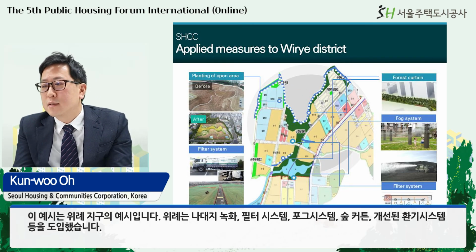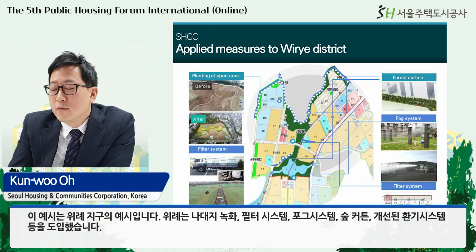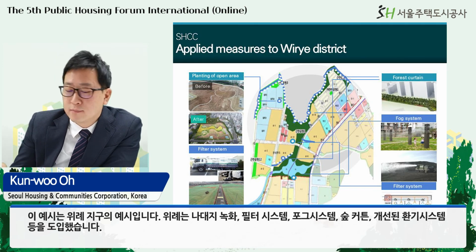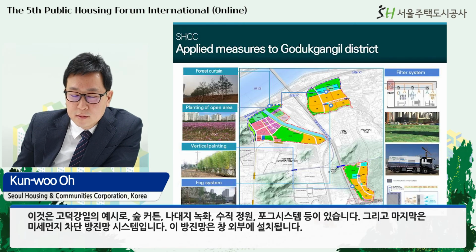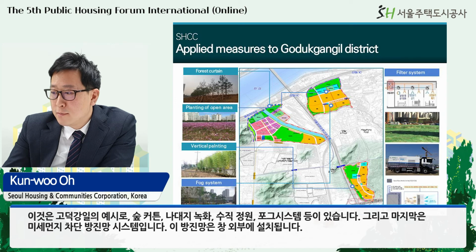This case has these characteristics: planting of open area, filter system, fog system, forest curtain, and upgraded ventilation system. This case is for Godok-Gangil. There are forest curtain, planting of open area, vertical planting, fog system, etc.